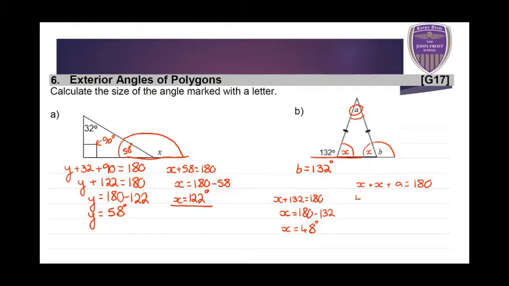So we can write 48 plus 48 plus A equals 180. 48 plus 48 is 96, so A plus 96 equals 180. A equals 180 minus 96. Therefore, angle A has to equal 84 degrees. And that's your final answer to this question, okay?